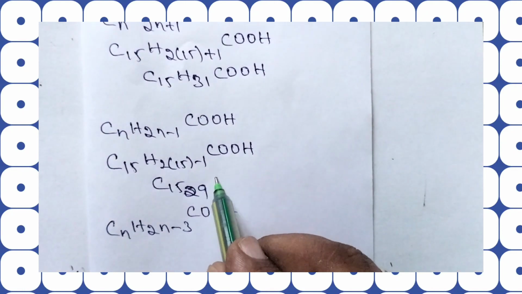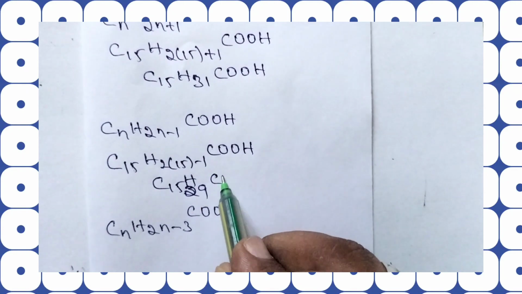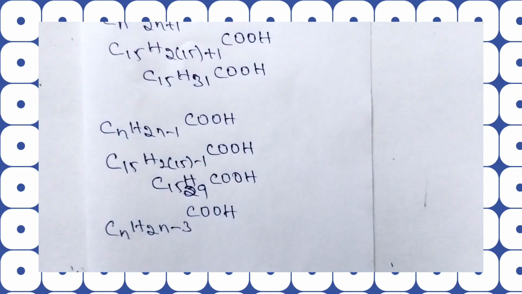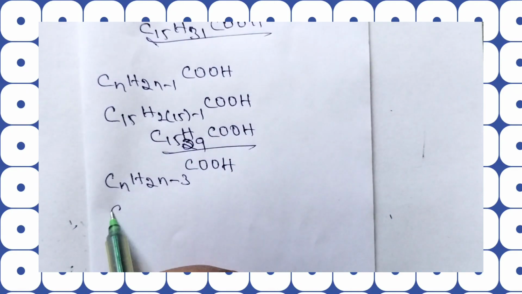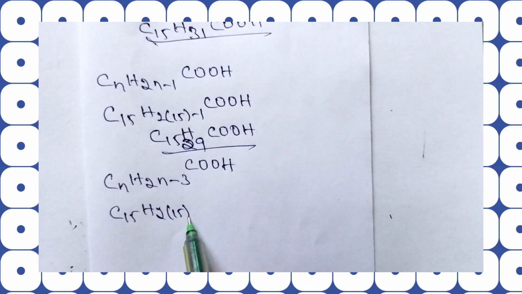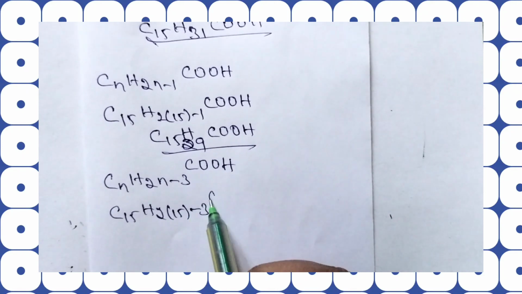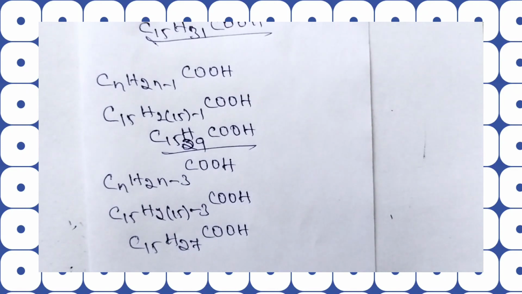So C15 H29 COOH. Then the third one is C15 H2 into 15 minus 3 COOH. It will become C15 H, 2 into 15 is 30, 30 minus 3 is 27. C15 H27 COOH.